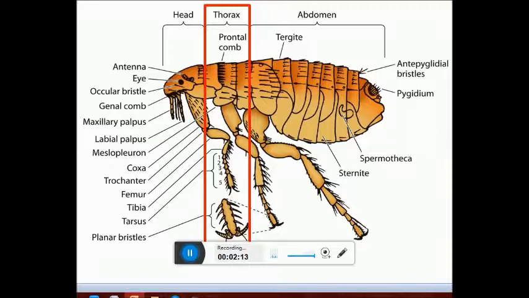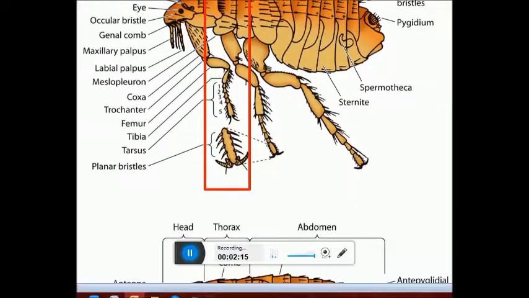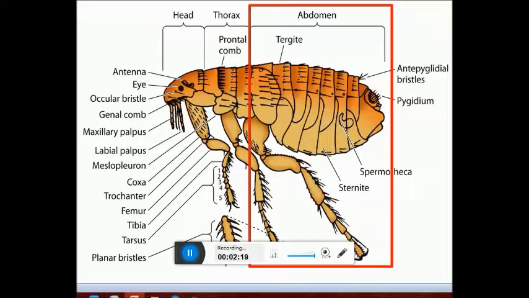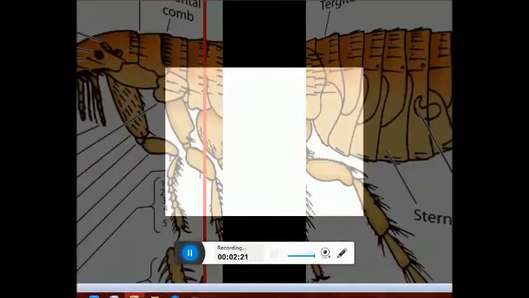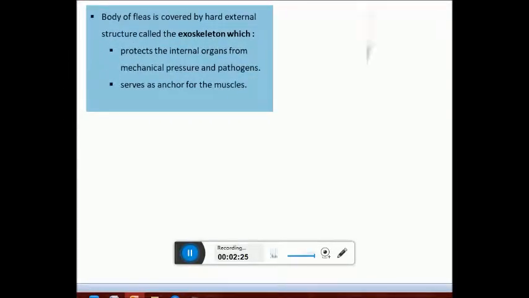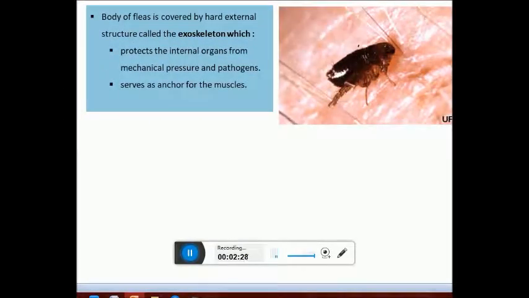And next is the abdomen part that usually has 10 segments and includes the genital organ. The body of fleas is covered by an external structure called the exoskeleton, which protects the internal organs from mechanical pressure and pathogens and serves as an anchor for the muscles.